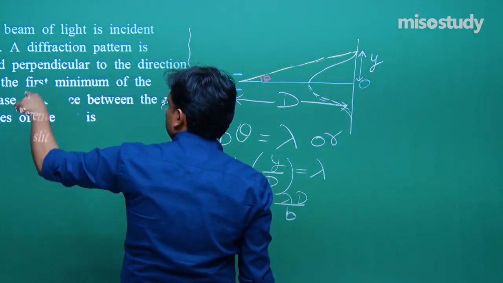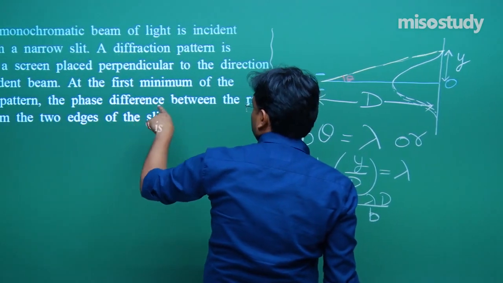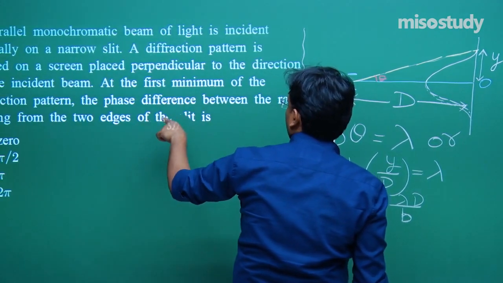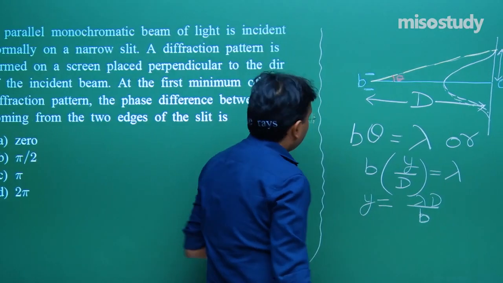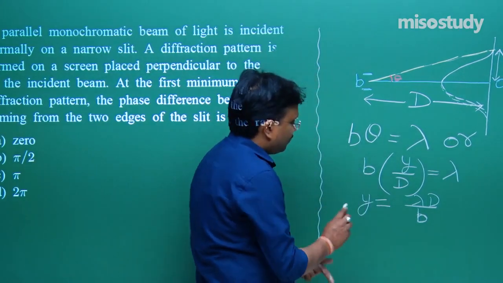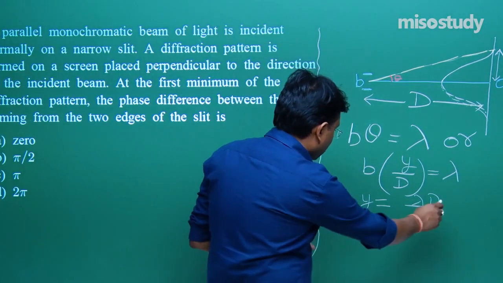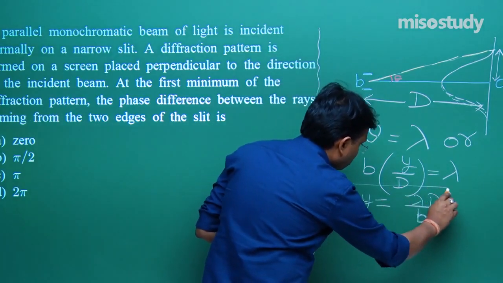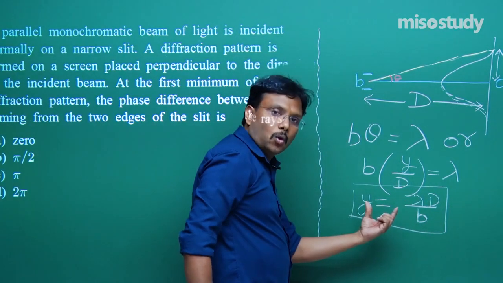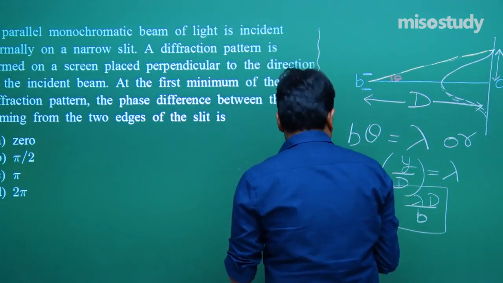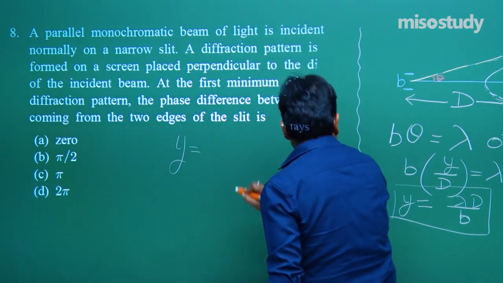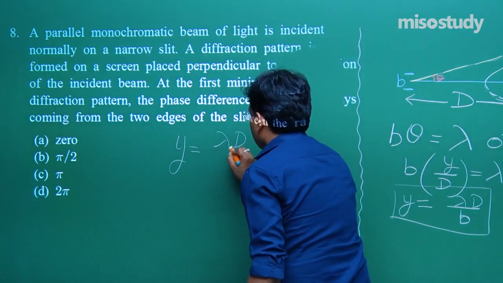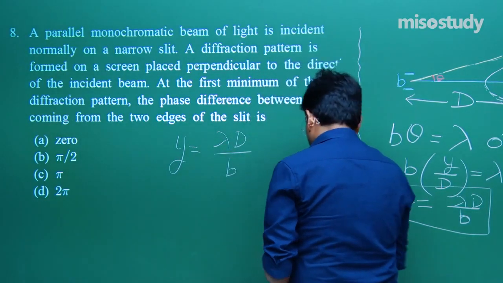So now just try to find out, at the first minima of the diffraction pattern, how much phase difference there is going to be between the rays. So that way you can find the phase difference from this relation, hold on, fine. Let me mention this relation over here, y is equal to lambda d by b.